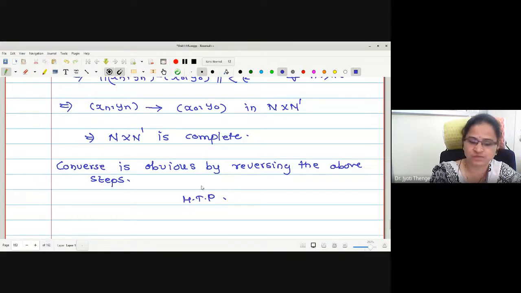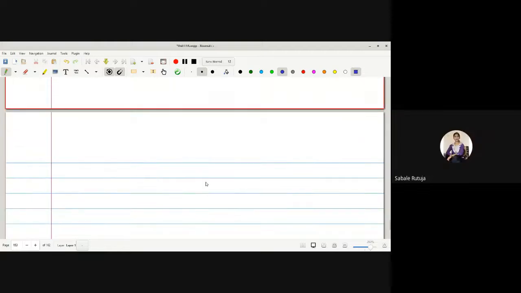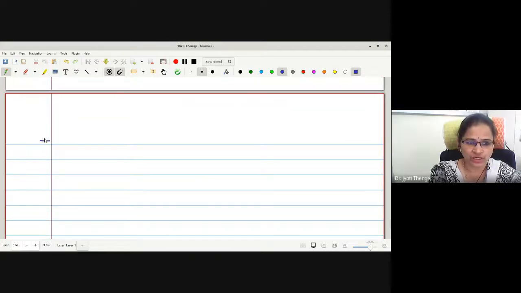We try for the reverse part. Is that okay? Yes, ma'am. Now let me go for the next point again. Closed linear transformation. Previously we have seen the mapping is open. Now we are defining the closed mapping.